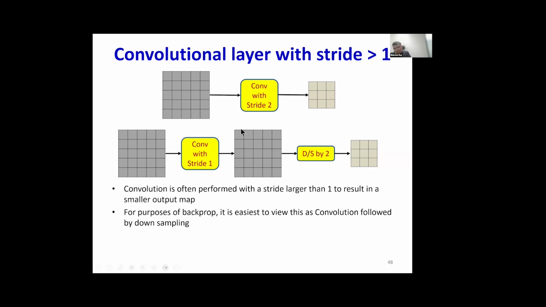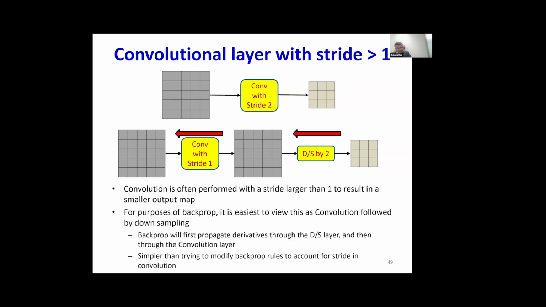But when you realize that this is what you're performing, the whole thing becomes trivially simple. This is going to be an upsampling, and then there's a standard backpropagation for convolution. Okay, so this is what you do, and this is going to be simpler than trying to modify backprop rules to account for stride in convolution.